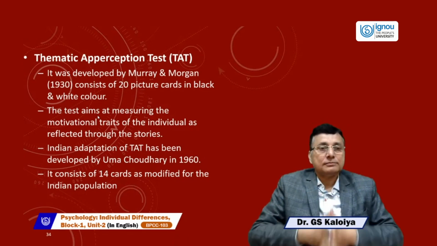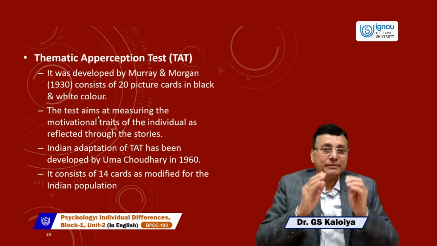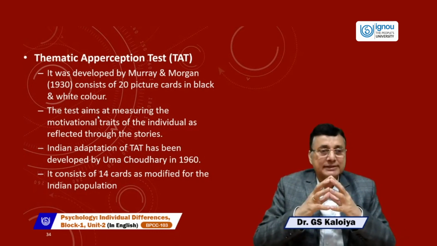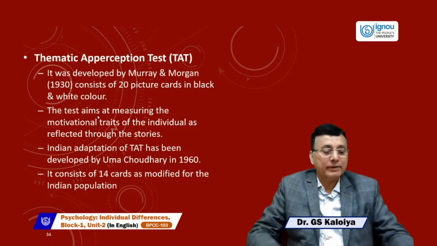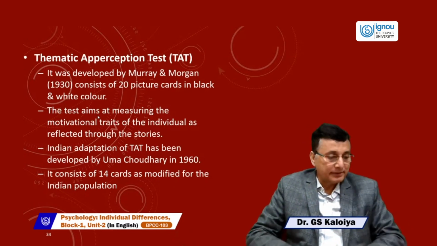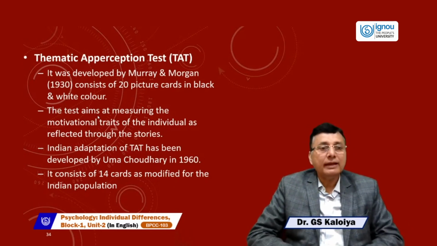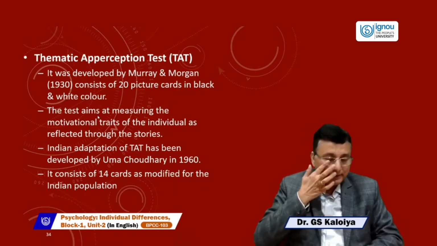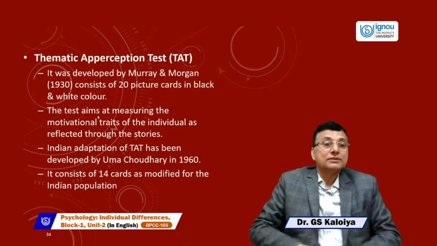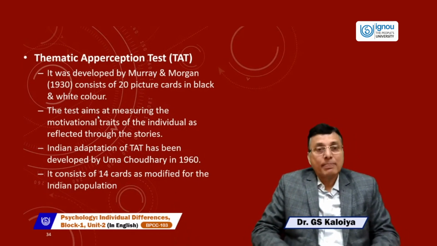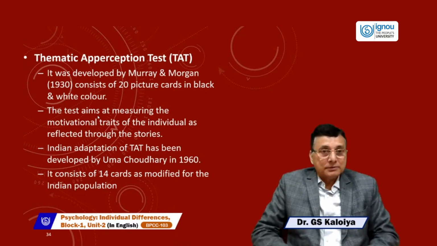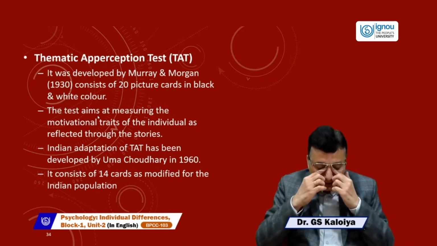There are vague human pictures, and this test was developed by Murray and Morgan in 1935. Originally it consists of 31 cards, 30 cards and one blank card. Out of 31, you have to select 21 on the basis of the gender or the age of the client.